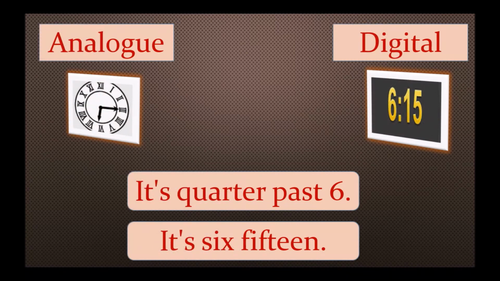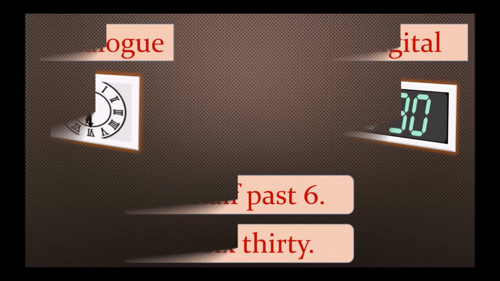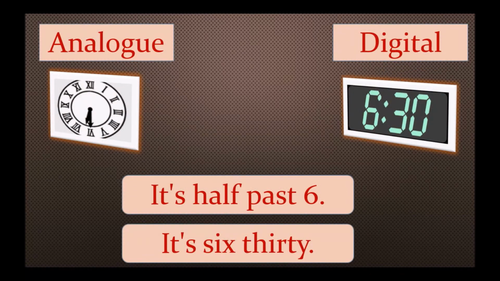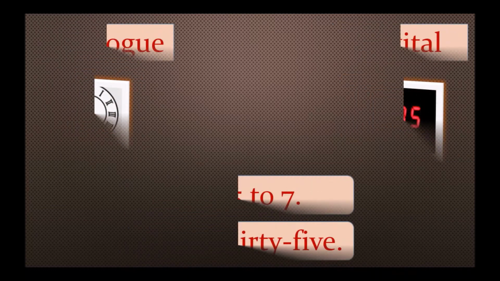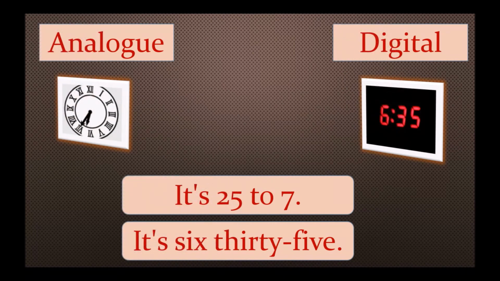The time here is quarter past 6, or we can say 6:15. Here the time is half past 6, or we can say 6:30. It is 25 to 7, or we can say 6:35.